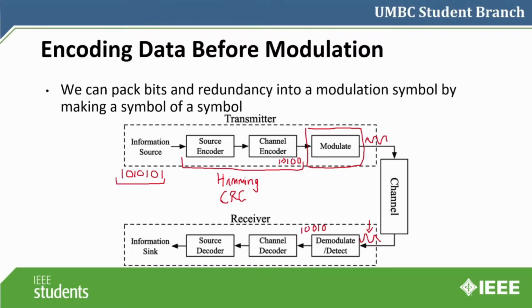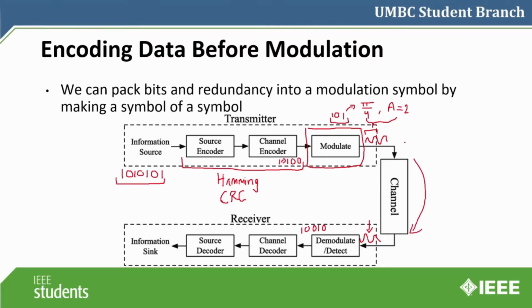Then you're going to modulate it onto the wave using one of the modulation methods we talked about, which just means that given a 1 or a 0, or maybe a set of 1, 0, 1, this could be a phase of pi over 4 and an amplitude of 2. And so you would send that part of the wave would have these values. And then you transmit that.